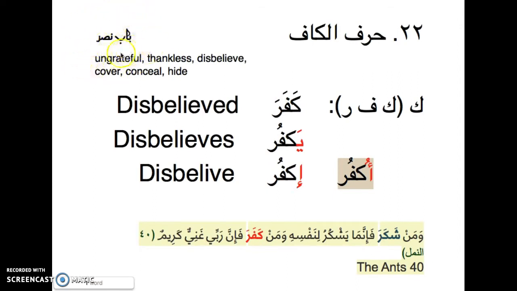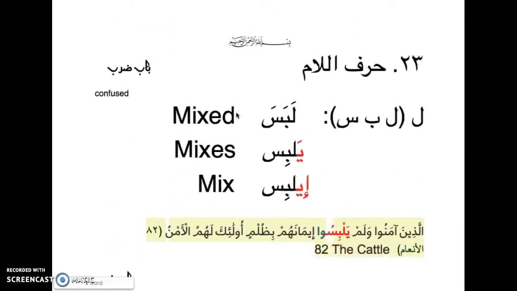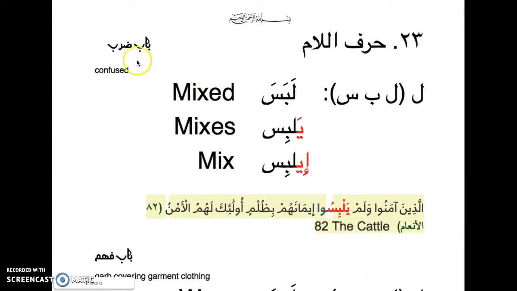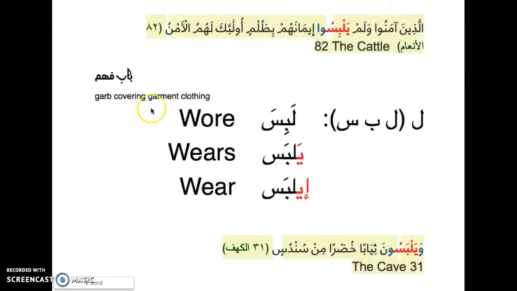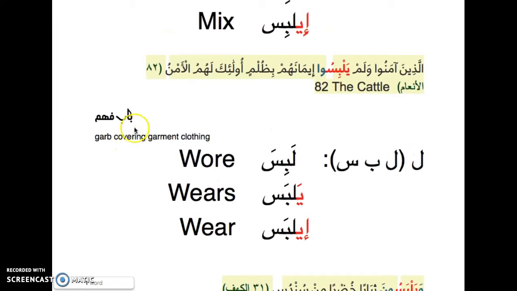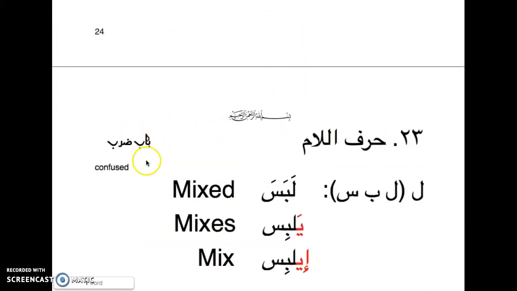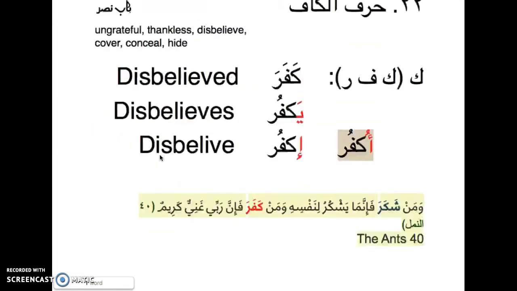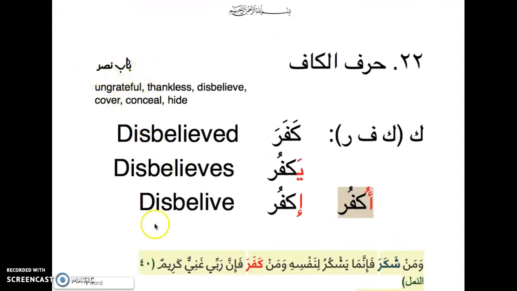It says bab nasara, and if you go to other words, you see it's a different door: bab dariba, and then bab fahima. So try to separate them in separate sheets. Here you have fahima, here you have dariba, and here you have nasar.